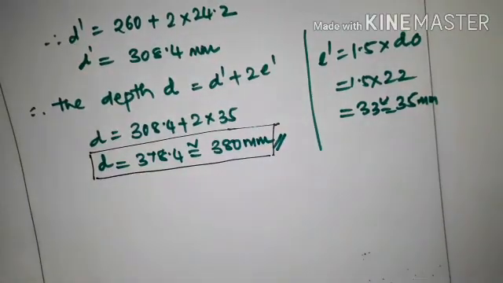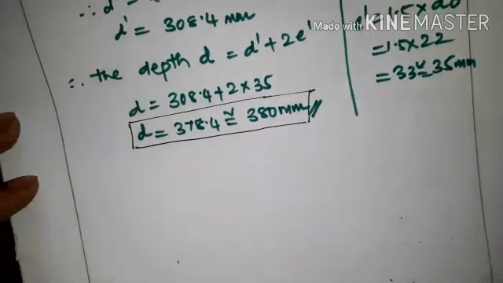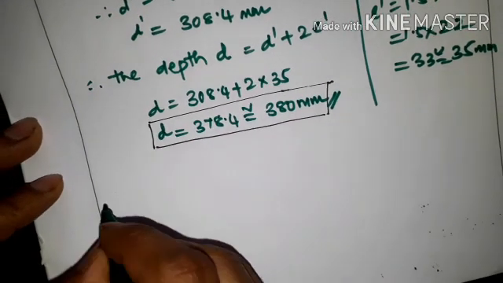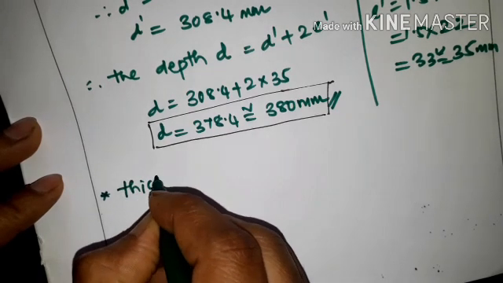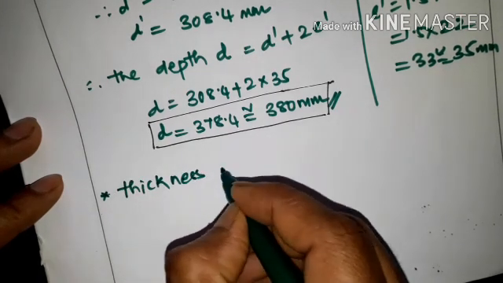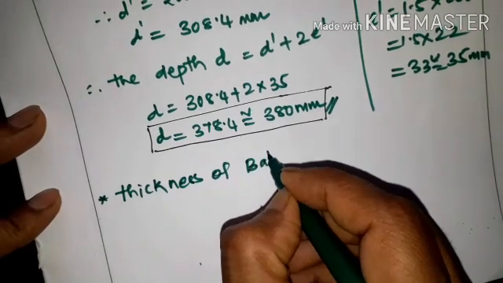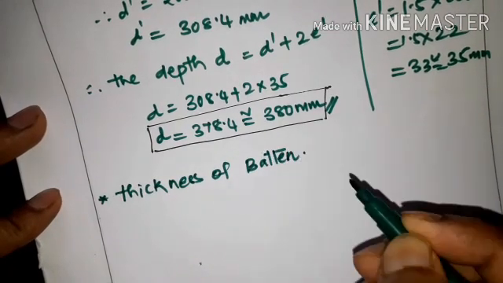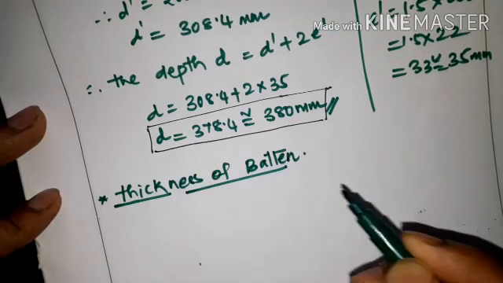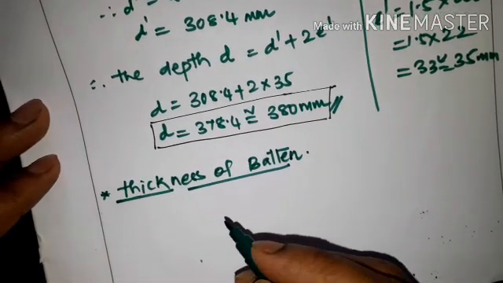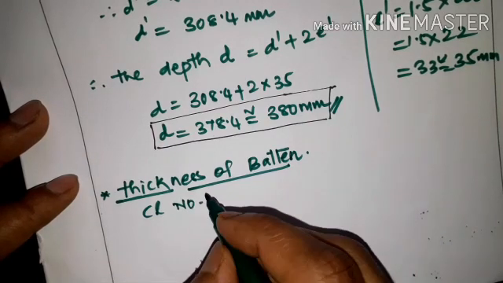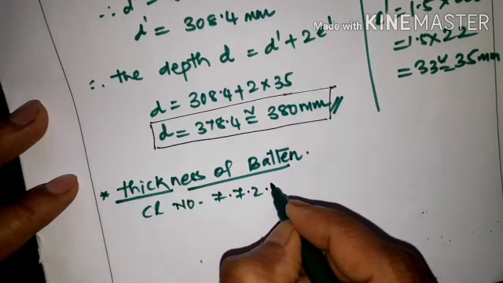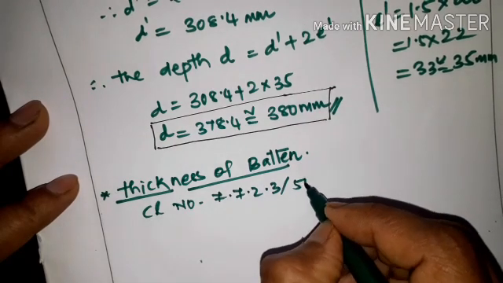Then after that, the next step is the thickness of batten. Again as per clause number 7.7.2.3, page number 51.